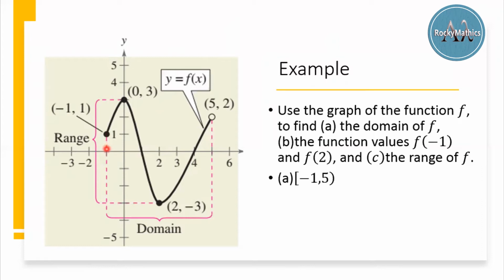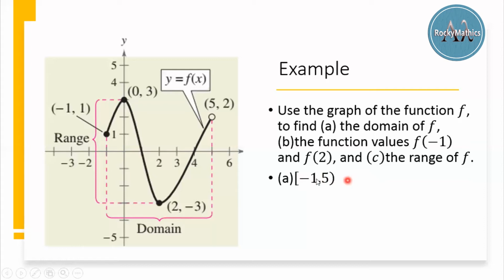So the domain is the set of x such that x is from -1 to 5. To describe the domain we use interval notation, meaning from -1 to 5, and 5 is not included. This is the set of input values.